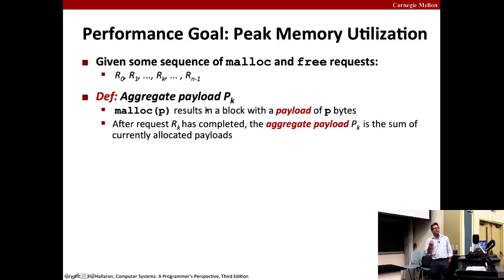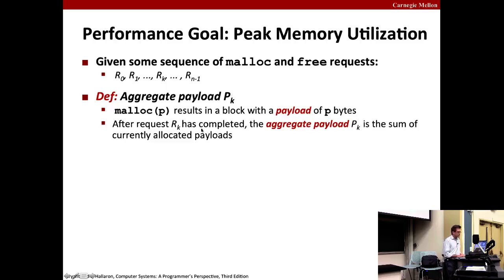When an application makes a call to malloc, it's requesting a block of a certain size, and that block is called the payload. So if we call malloc with an argument of 10 bytes, we're requesting a block that has a payload of at least size 10. The 10 bytes that we requested are called the payload. Everything else in that block is overhead.